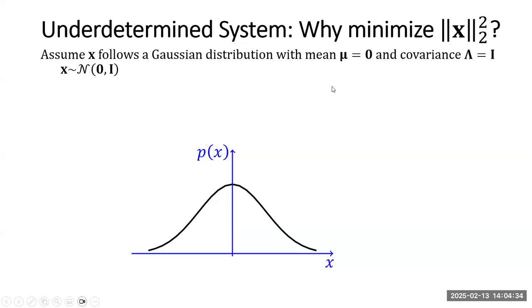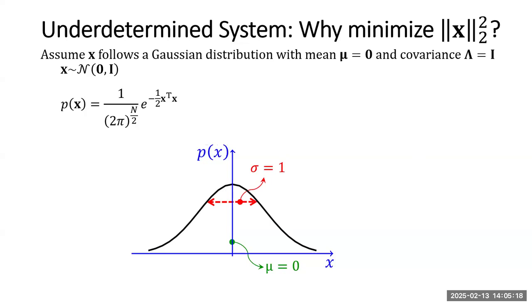So we assume, for these reasons, philosophical reasons, actually statistical reasons, that X follows a Gaussian distribution. Since the covariance matrix is not specified, we just assume that it's I. And the mean is 0 because there is no reason to expect that X would be more likely to be positive or negative. So it's centered around 0. This is our PDF of X, and we assume that the variances are 1.